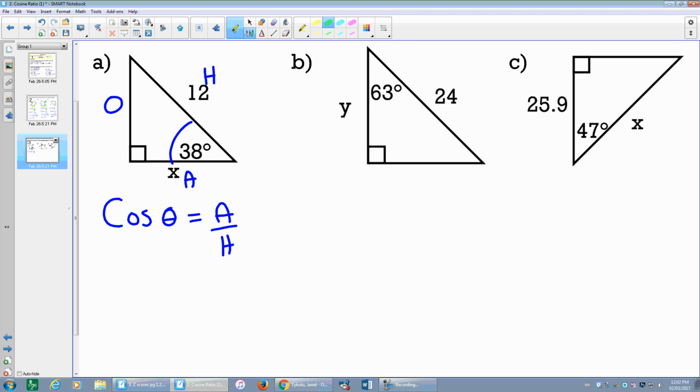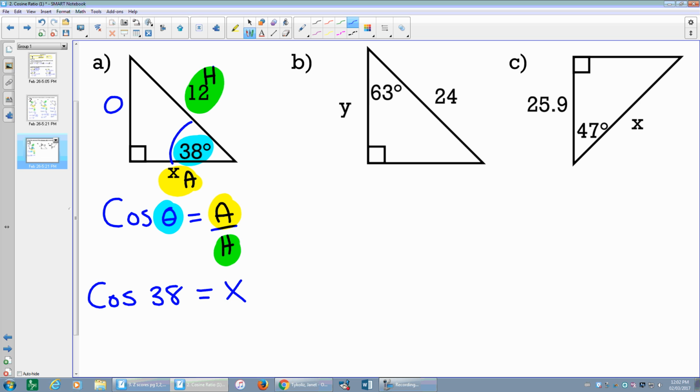So remember here, here's my H, which I know. Here's my A. I don't know, that's X, but I still am going to highlight that. And here is my angle, and I know the angle is represented by theta. So when I plug all this information in, I get cos 38 equals X over 12.